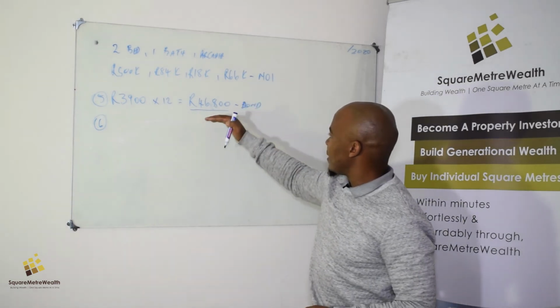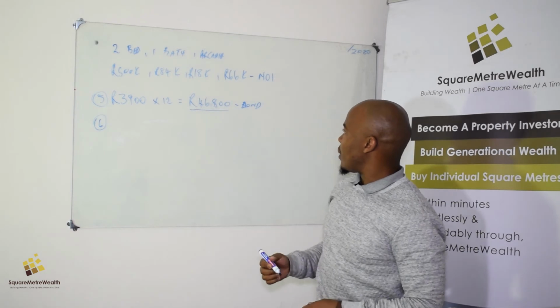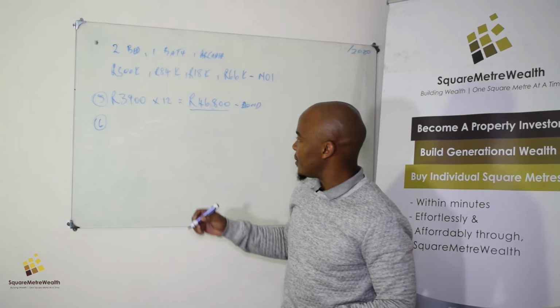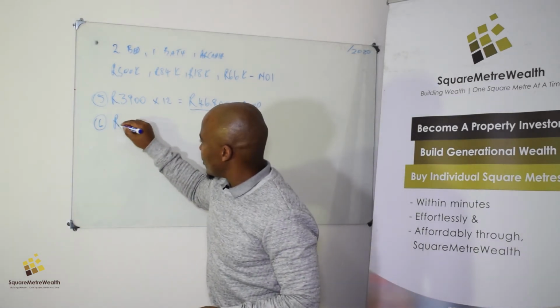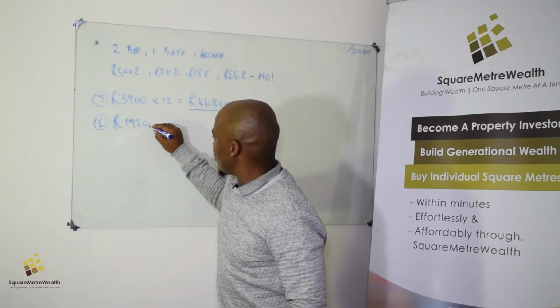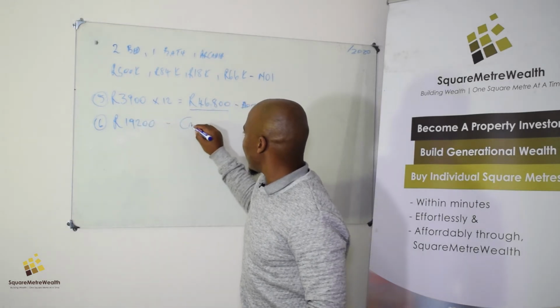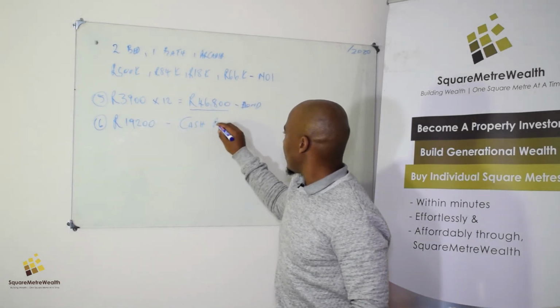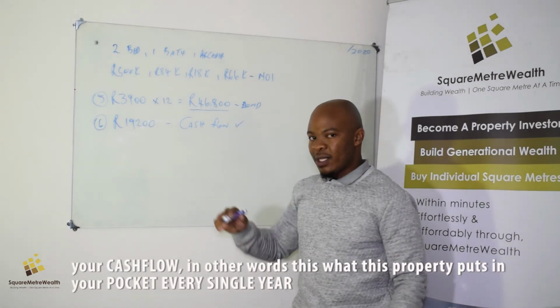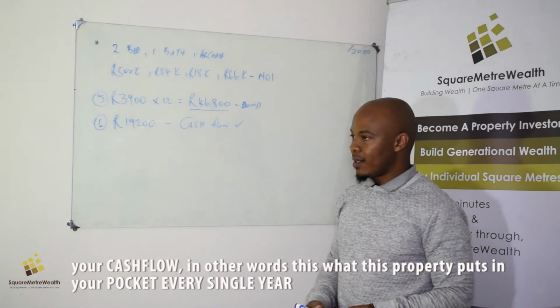So net operating income minus your annual bond repayments. So 66,000 minus 46,800. What do we have? 19,200. This is your cash flow. In other words, this is what this property puts in your pocket every single year.